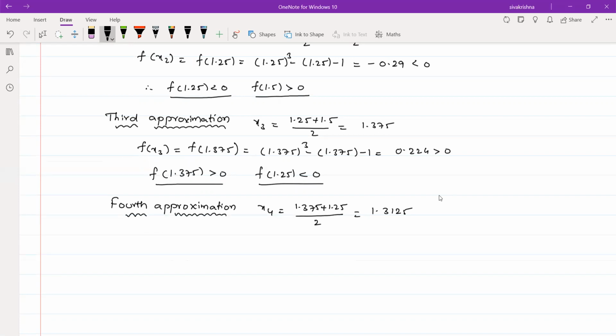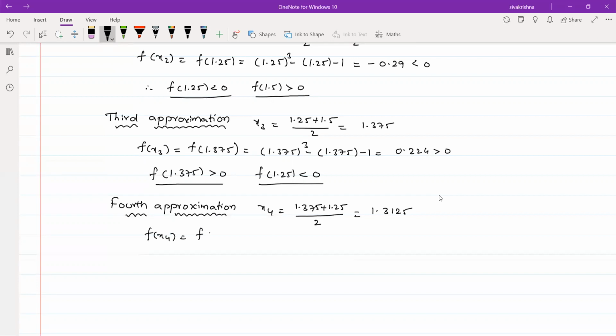If you observe the third and fourth approximations, one decimal place is equal in both. If you continue some more approximations, then definitely two decimal places will be equal. In the fourth approximation, one decimal place is equal. Immediately after getting x4, we have to find f of x4.